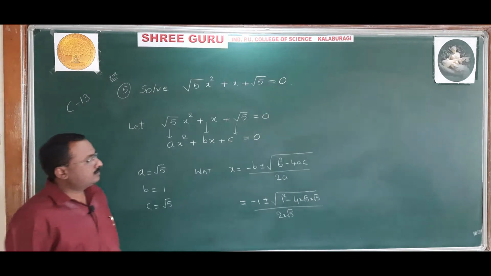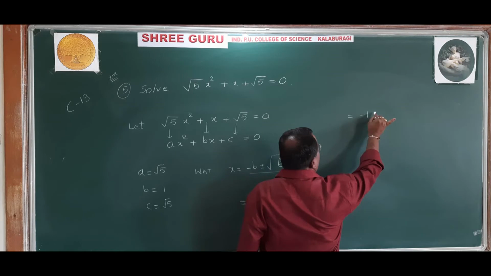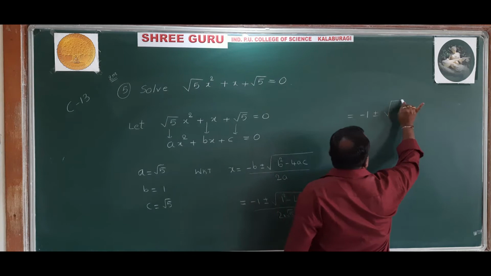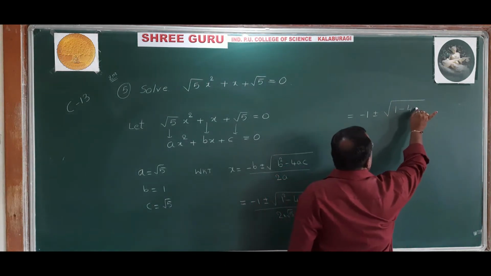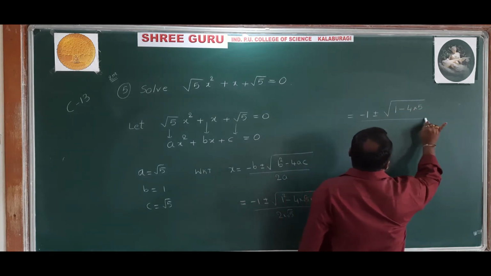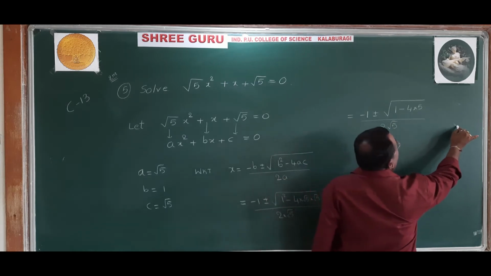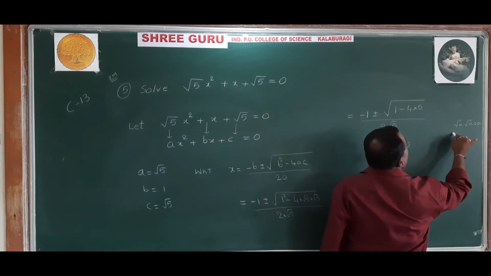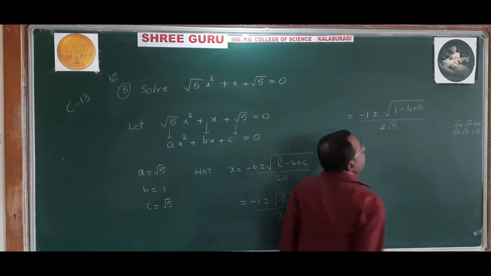Next, that is equal to minus 1 as it is, plus or minus square root of 1 minus 4 into 5, because the denominator is 2 root 5. We know that root a into root a is equal to a, so root 5 into root 5 is 5.